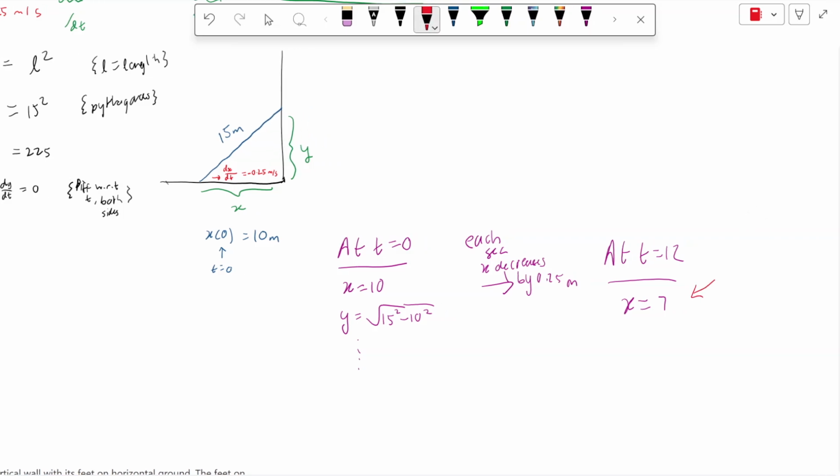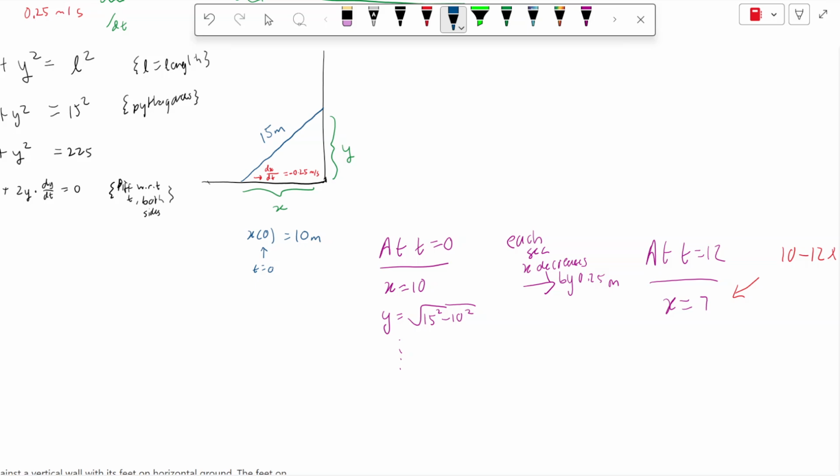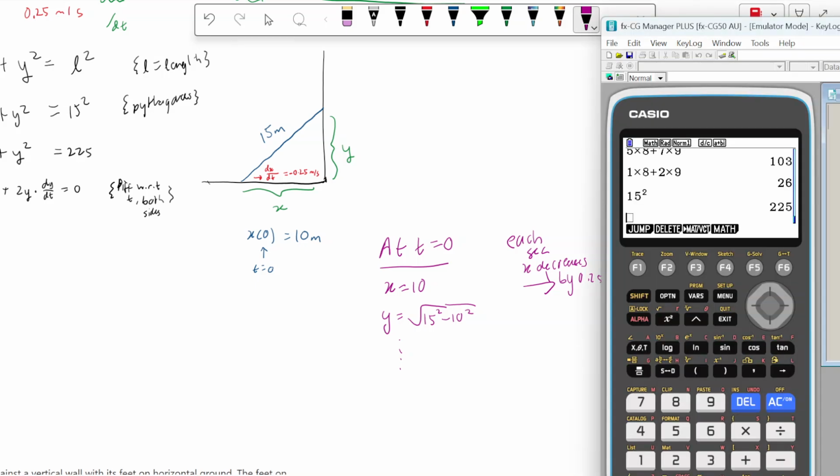And where that came from was 10 take 12 times a quarter. Okay. If x is 7, y is going to be the root of 15 squared take 7 squared. And we can figure out what that is. 15 squared and 7 squared, and we'll just take the square root of that. Well, actually, I might just keep it as root 176.